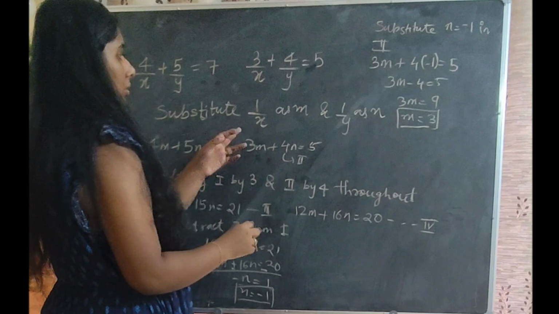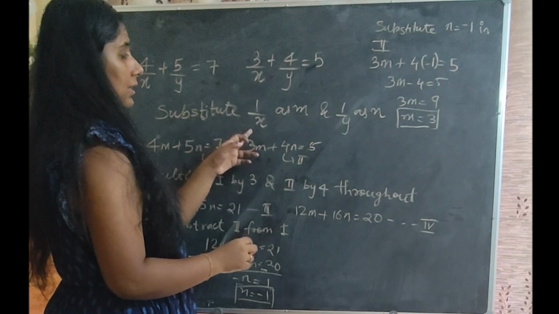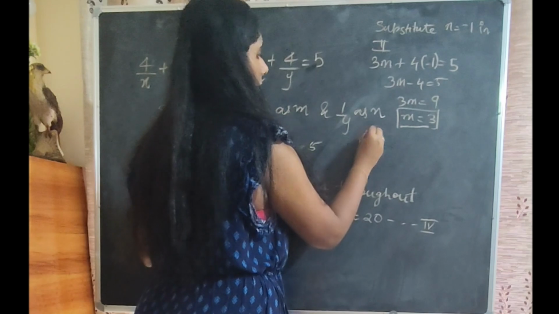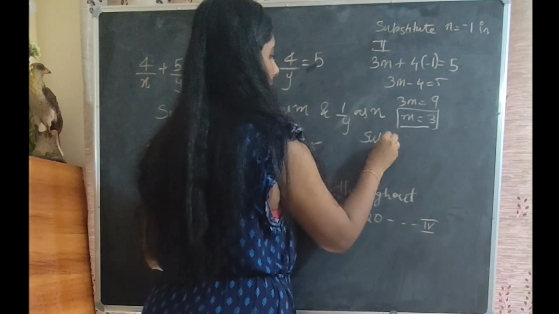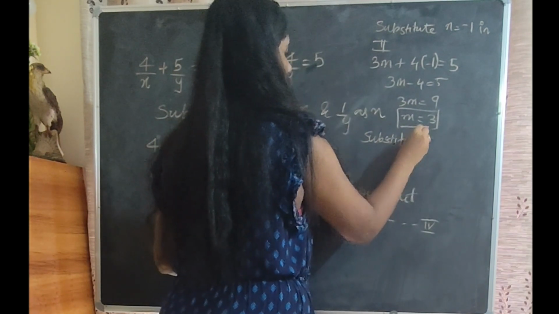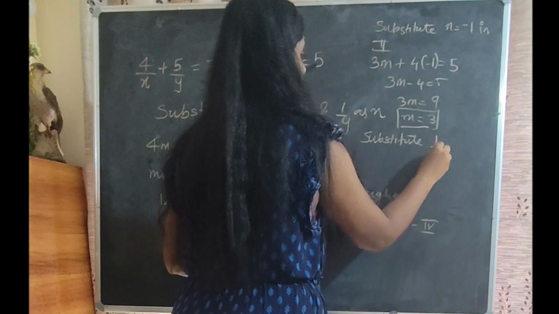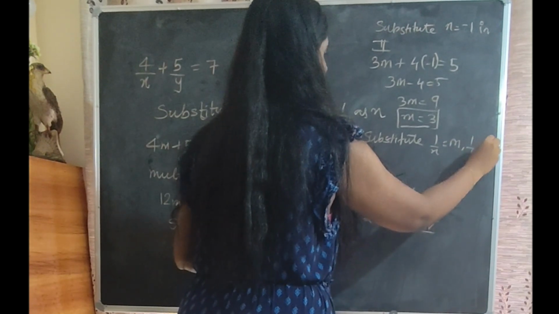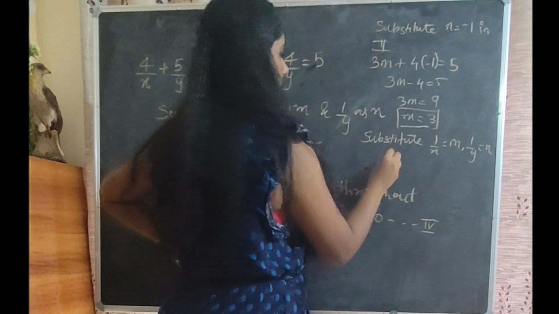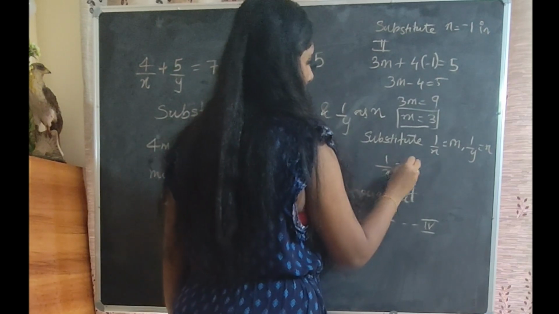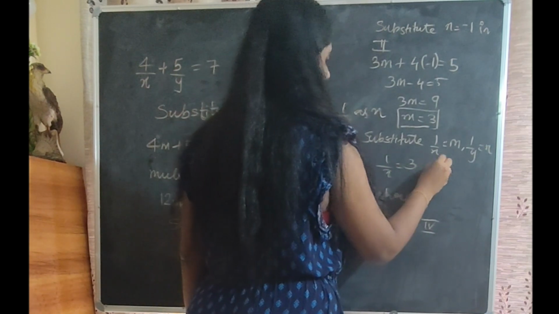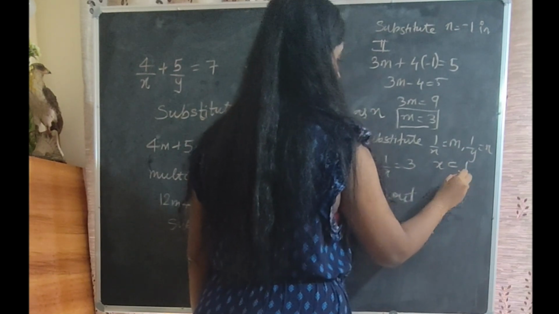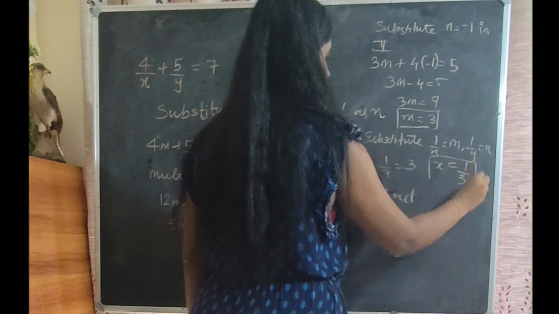Now again you have to get the values in terms of x and y. So in order to do that, you need to substitute again 1 by x as m and 1 by y as n. So 1 by x is equal to 3, so x is equal to 1 by 3.